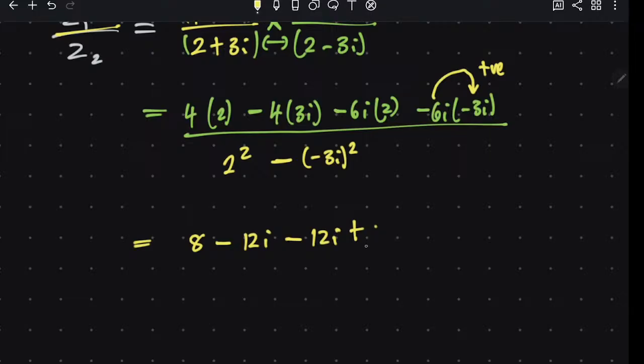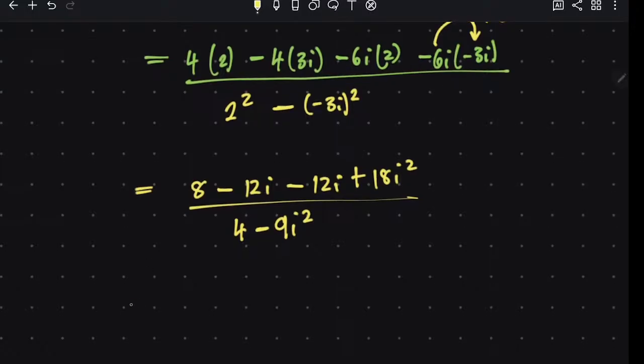This becomes plus 6 by 3, that's 18. Then i times i is i squared. So you need to practice this part of expanding. Then you say divided by 2 squared is 4. Then minus of negative 3 all squared becomes positive 9 i squared, because the i will also be squared.